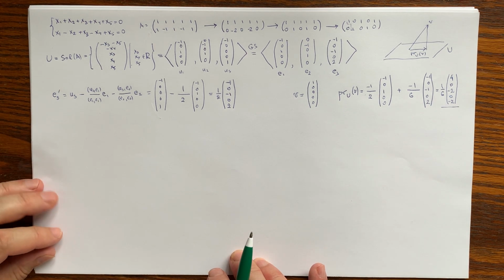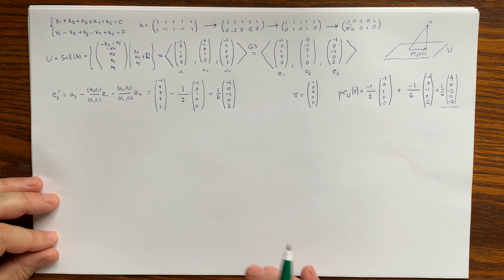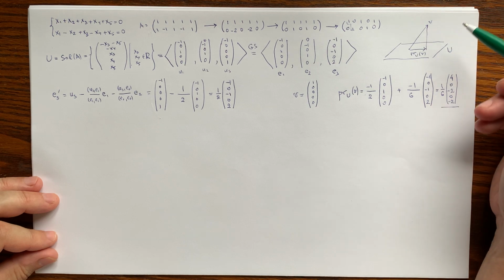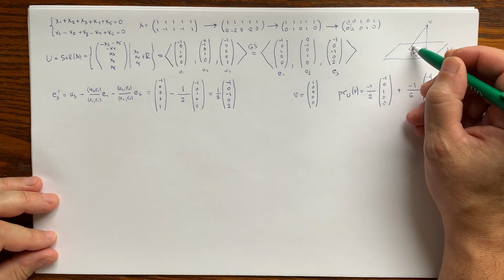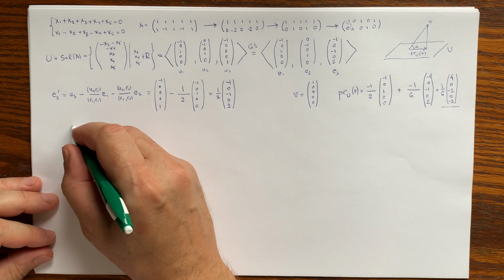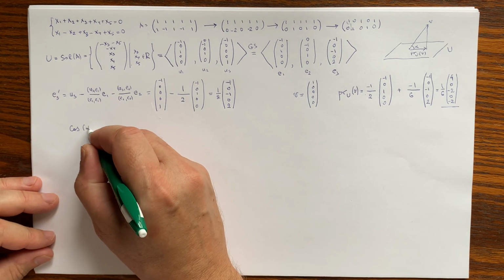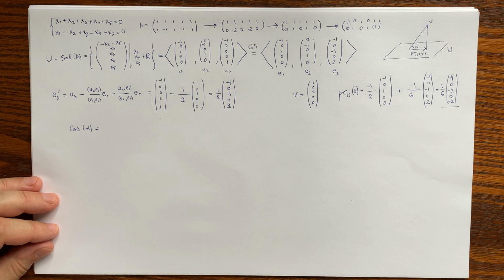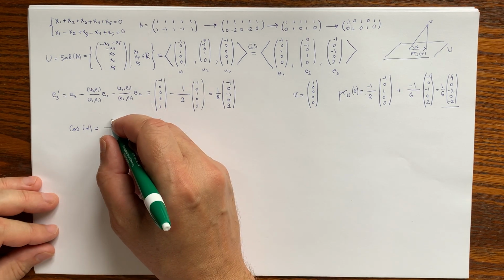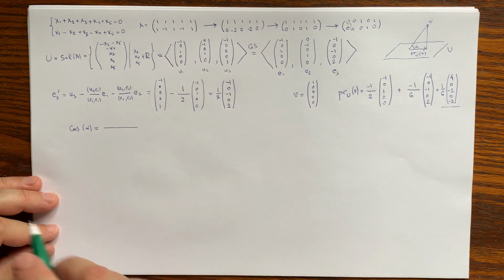So what we can do with it, we can compute, say, the angle between this vector and the subspace, this angle here in the picture. Or rather, we can compute cos of this angle by the formula. This is the angle between two vectors.